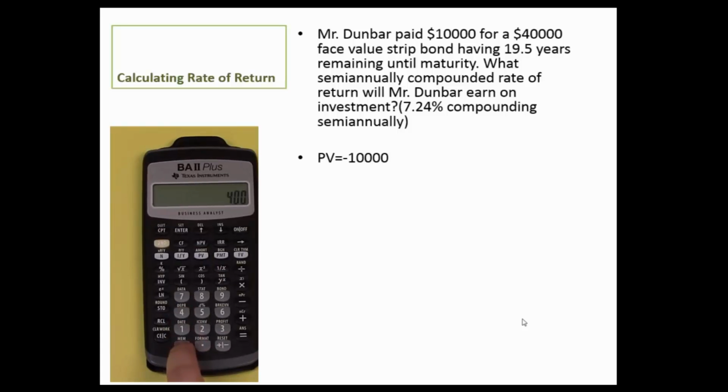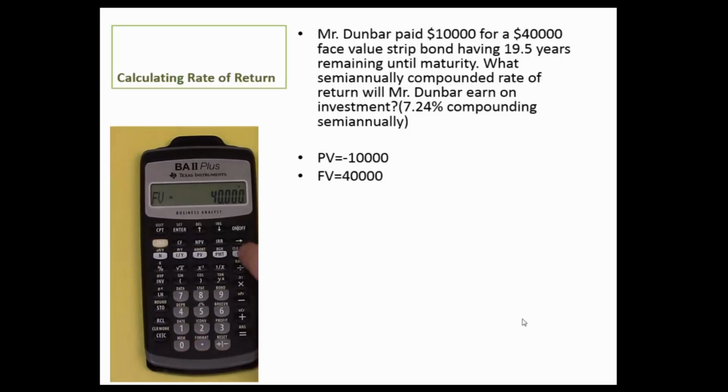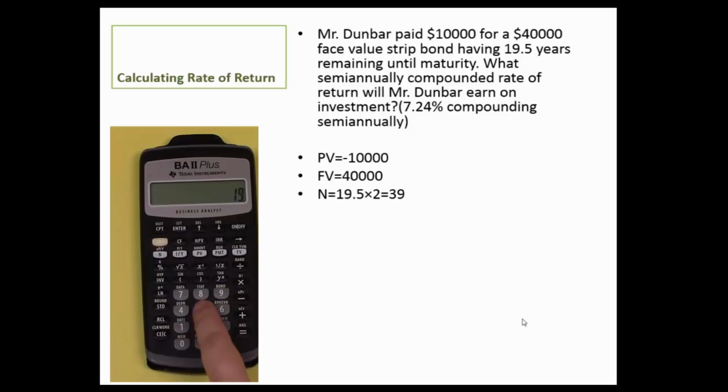The future value is 40,000. The N value is the number of semi-annual periods over the period, in this case, 19.5 years times 2. Payment is 0.